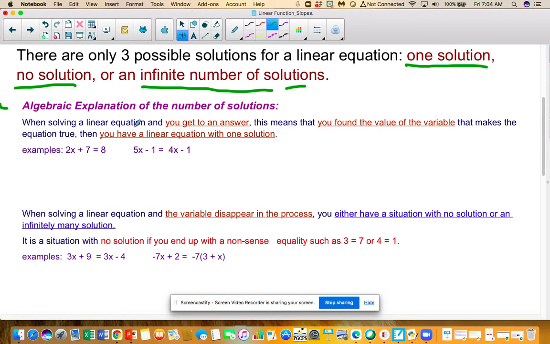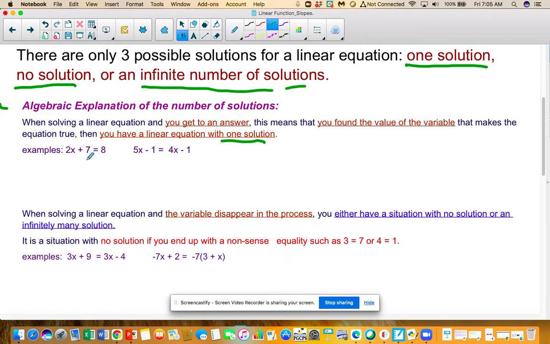So first, let's discuss the situation where we have one solution. When we have one solution, if you start solving the equation, of course you are going to get one solution.